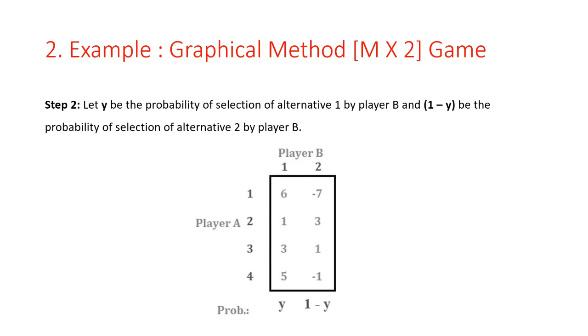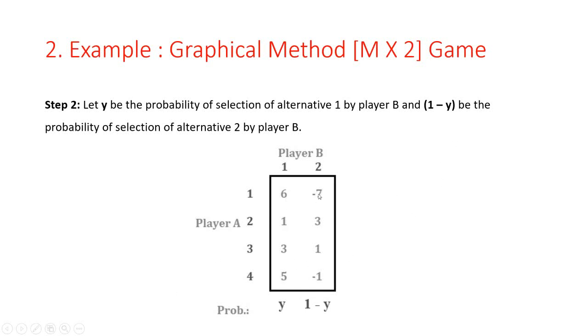So next step is what? Let y be the probability of selection of alternative 1 by player B, and 1 minus y be the probability of selection of alternative 2 by player B. Okay. So in the previous 2 by n problem, we considered the x probability for player A1 and 1 minus x probability for player A2.